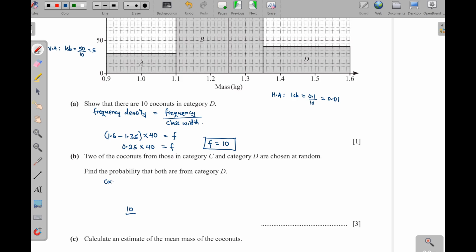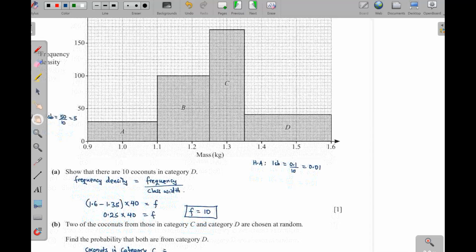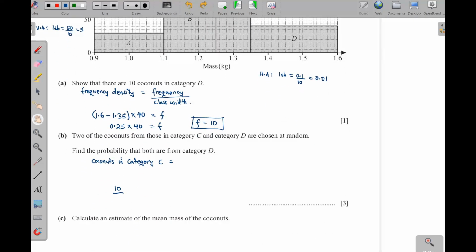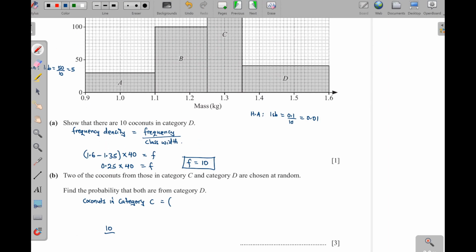So let's say coconuts in category C. In category C, remember we are getting the frequency, so it's a matter of getting the area of that bar. So what do we have here? This is 1.25, but then we are subtracting what? This is 1.35. 1.35 minus 1.25.